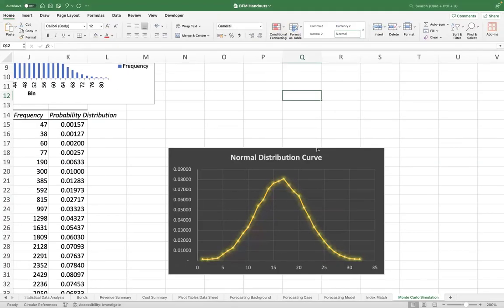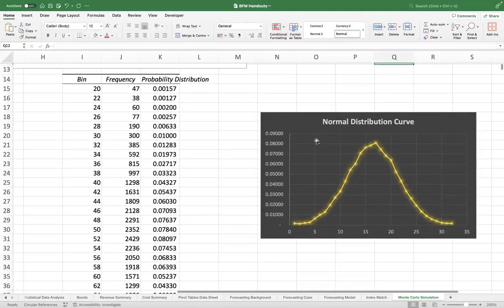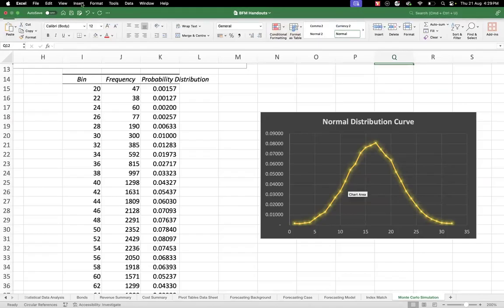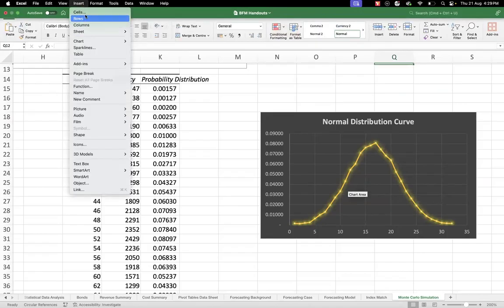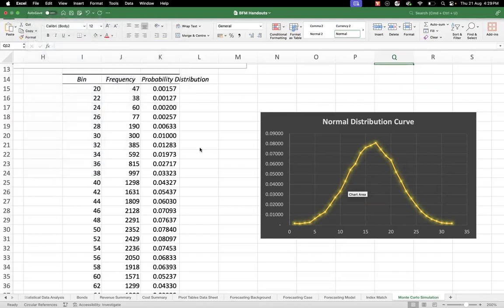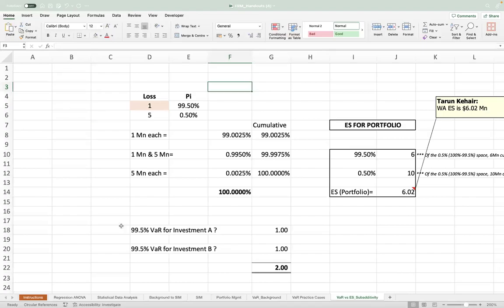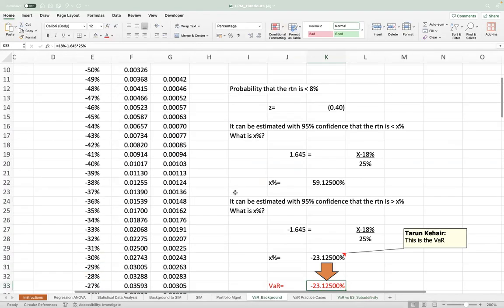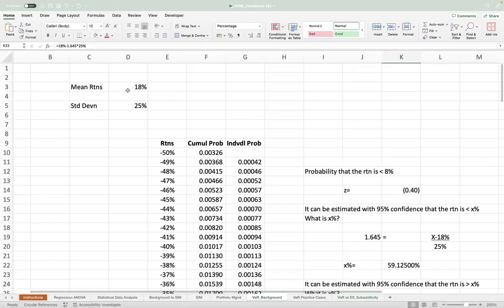Is it clear? I'll give you a very interesting application in VAR modeling. So if you just pay attention on the screen, this is a loss data that I had, which had a return distribution at a mean of 18% and a standard deviation of 25%.